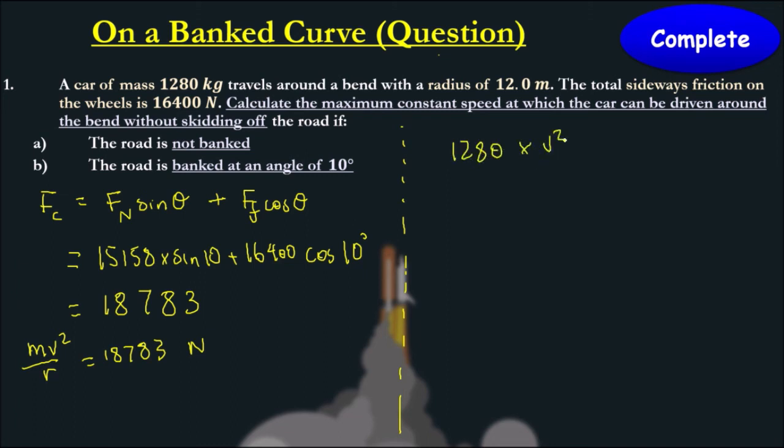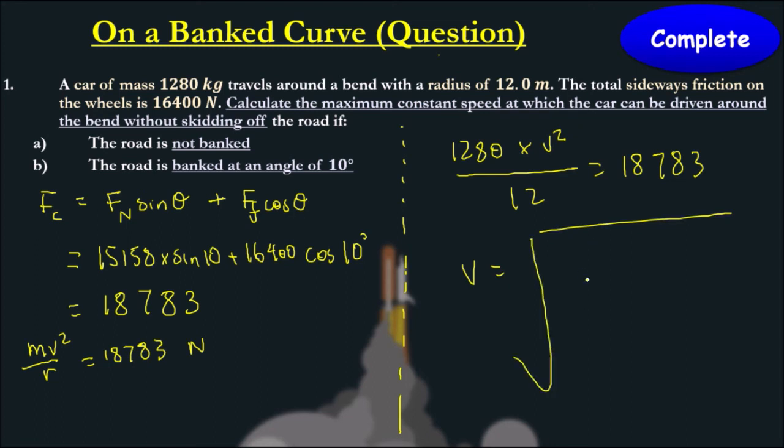Our velocity is what we're trying to find. Our radius we already have. Okay, so v squared is equal to 1812. Give myself a bit more space next time, surely. Okay, so let's do our substitutions.